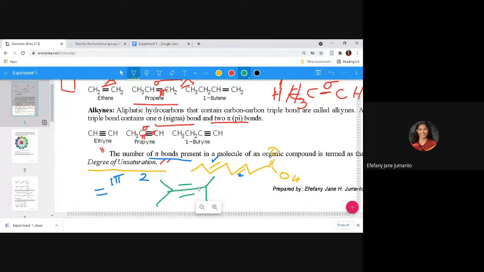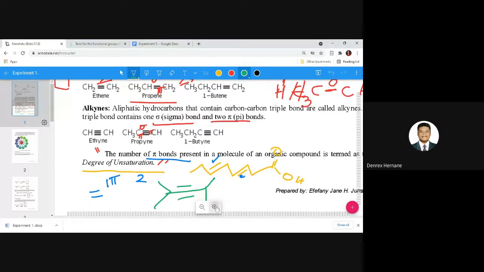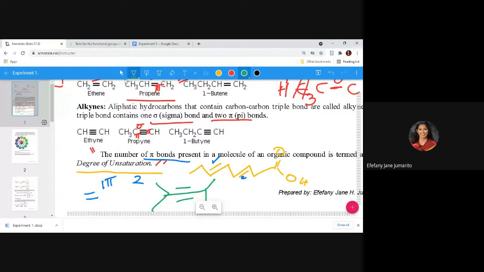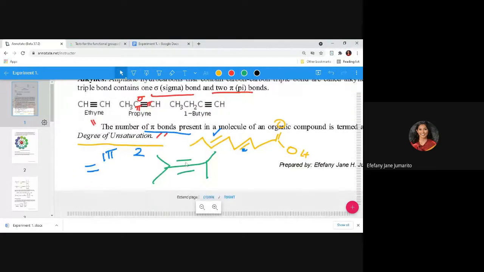How many pi bonds present? 2. What is the degree of unsaturation? We also have 2. Okay, this one is an alkyne.